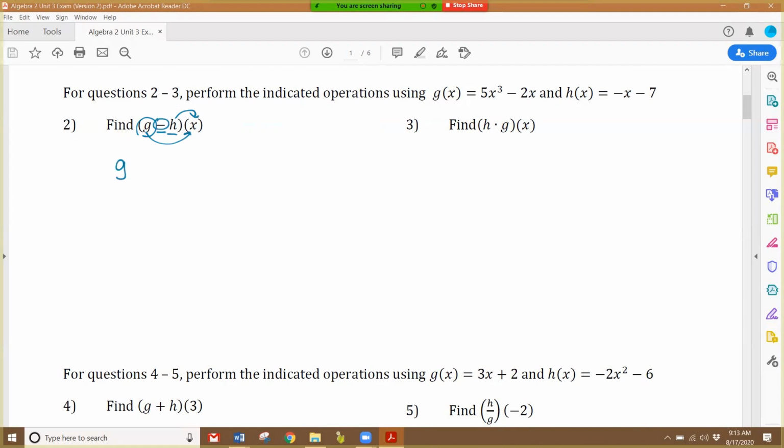So I'm just going to take those two functions from the top and copy them down. So 5x to the third minus 2x is g of x, minus h of x, which is -x minus 7.